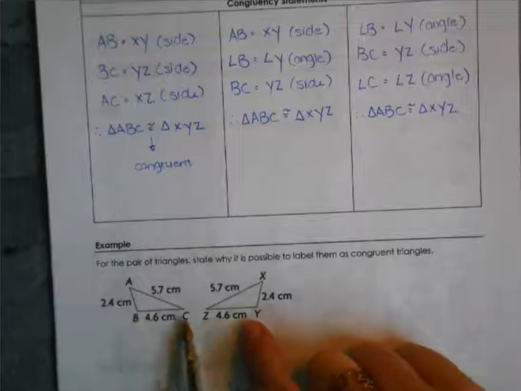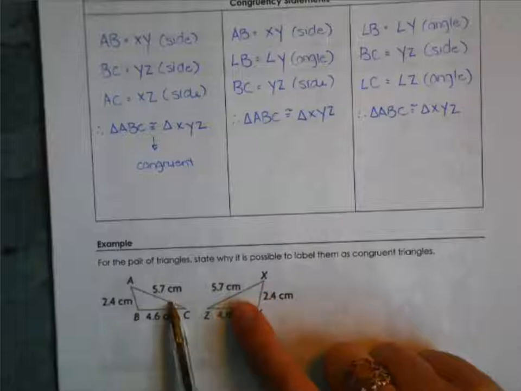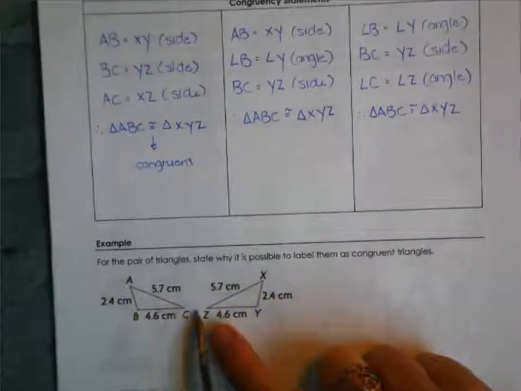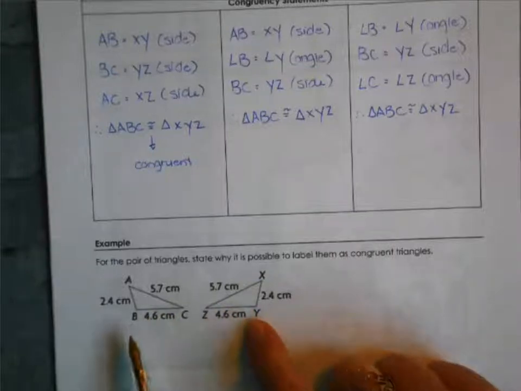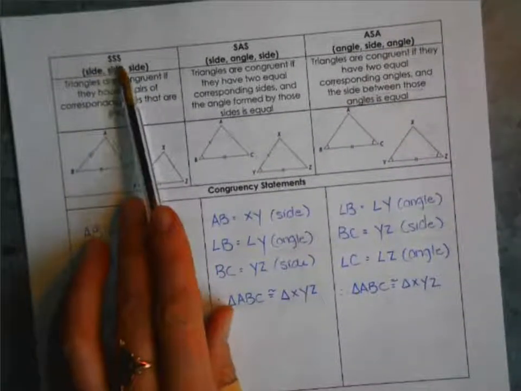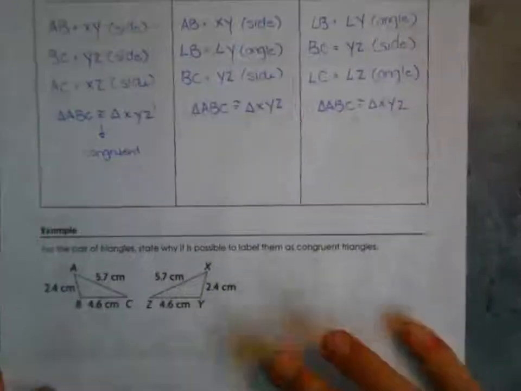We have 4.6 centimeters here, 2.4 centimeters, and 5.7, and visually looking at the triangles, you can see that they're similar triangles, right? And so with this one, because we have all side measurements, we're going to use side, side, side, right? We don't want to try and figure out angles if we don't have to.